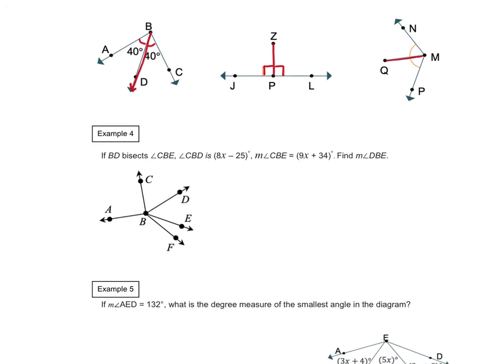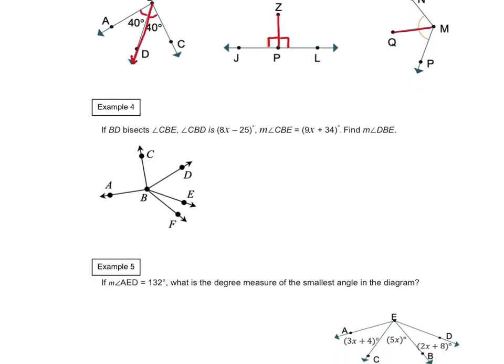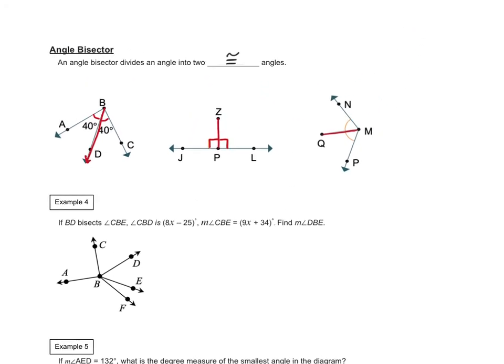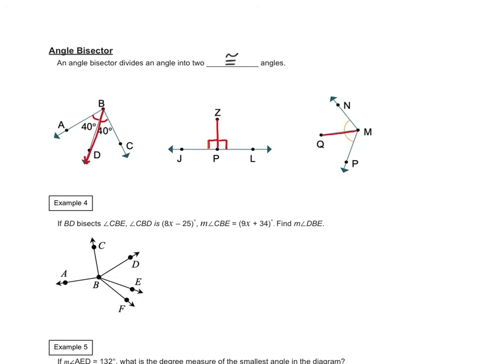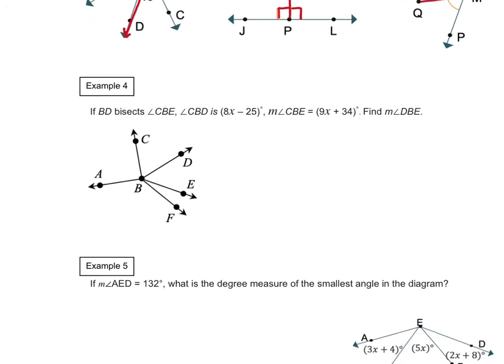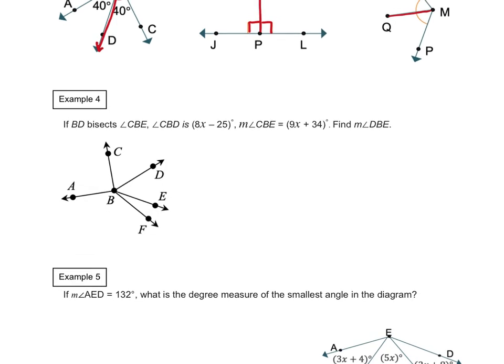So there we have it, and we'll look at some examples here. All right, so let's just see here. Segment BD bisects CBE. So that ray is my bisector, and it bisects CBE, so that means that this piece and this piece are going to be congruent.